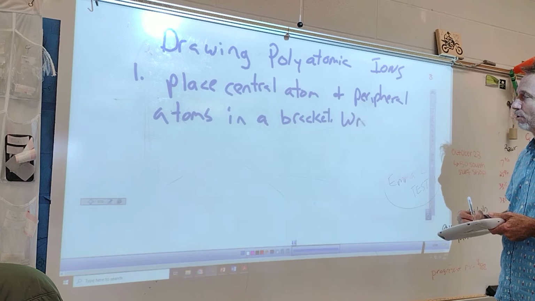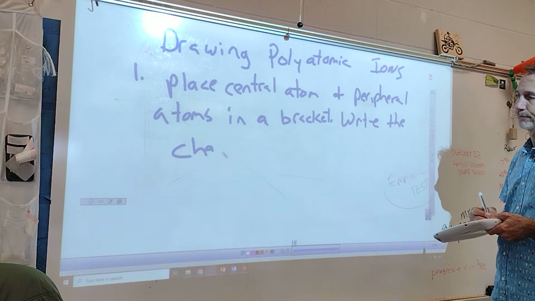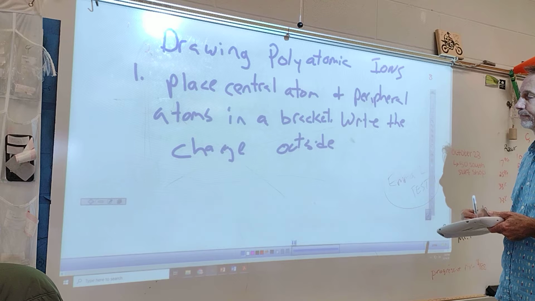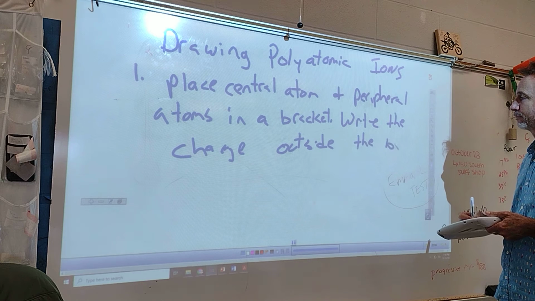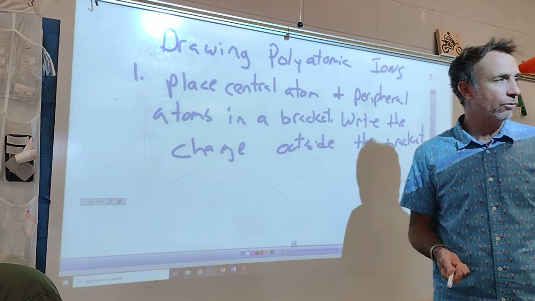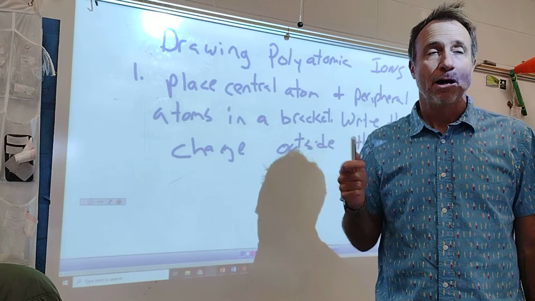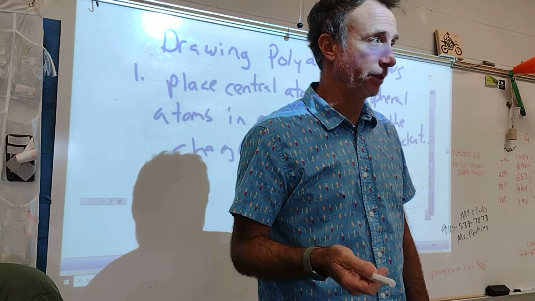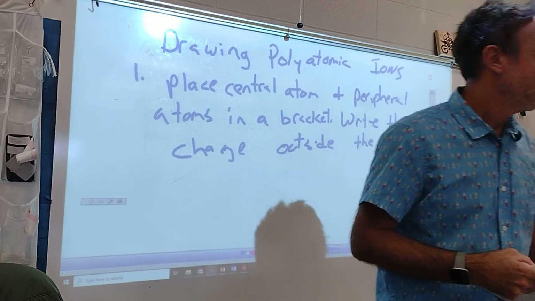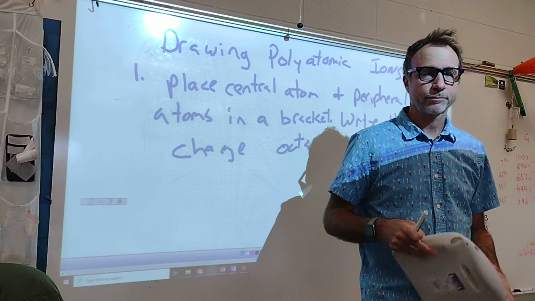You go ahead and you write the charge outside the bracket. And if you don't know what the formula is, you just look it up. All of the polyatomic ions that we use are given, and they're all on page 7 on your reference tables, right? Okay?